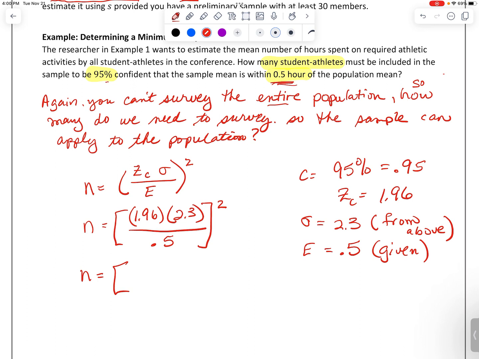So 1.96 times 2.3, I can multiply that first. 1.96 times 2.3 is equal to 4.508 divided by 0.5, and then I'll square it. So if I take the 4.508 and divide it by 0.5, then I get 9.016.